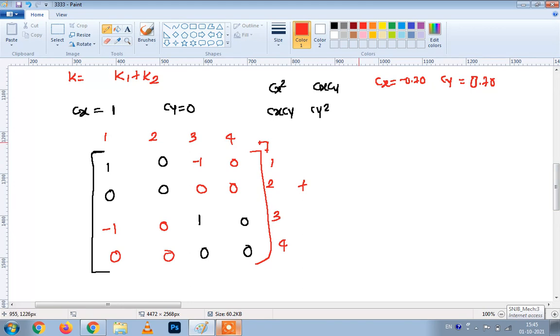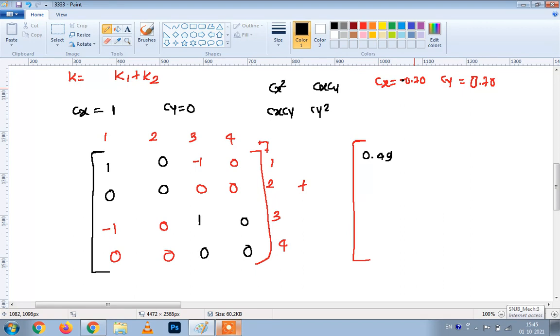So we need Cx square. Quickly calculate 0.70 square. It will become 0.49, as this is minus, but while squaring it will become plus. The next thing we need to find is Cx into Cy.